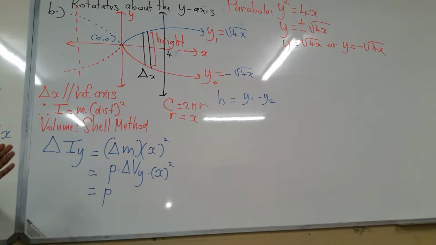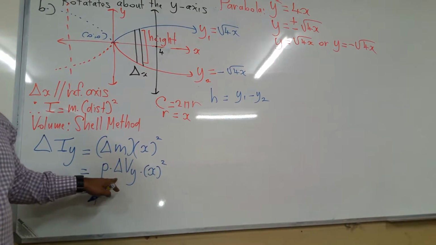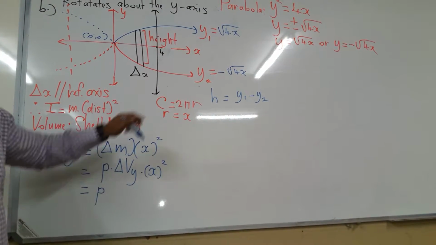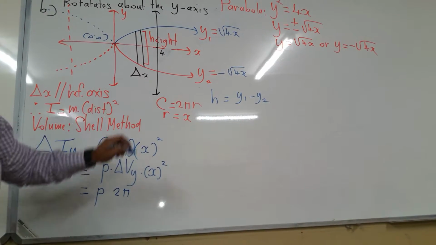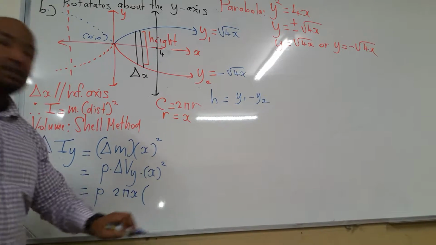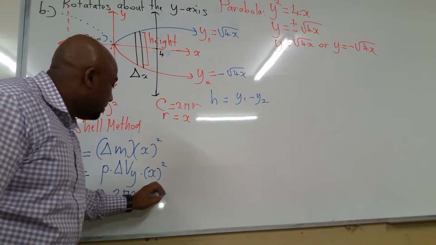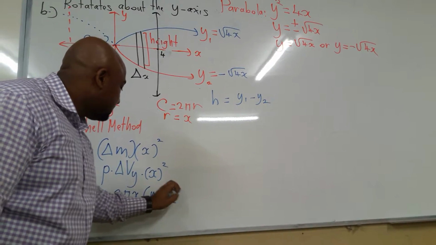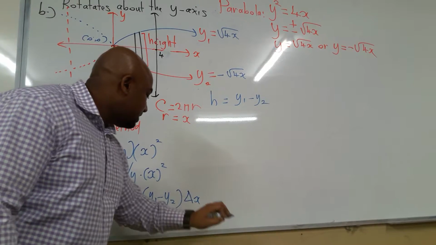That's how we interpreted it. So now delta Vy is equal to circumference, 2 pi r, where r is x, times your height, y1 minus y2, times the thickness, which is delta x.